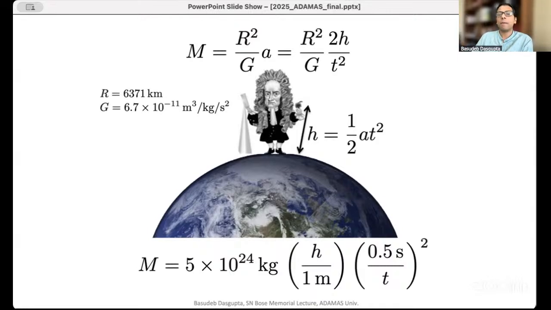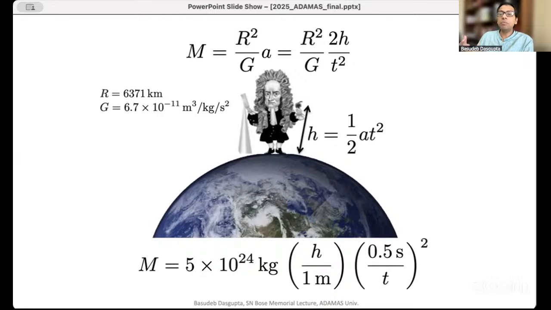Now you can measure this acceleration quite easily by just dropping this apple from a height h and measuring the time it takes to fall this distance h. And if you just put in the numbers, it becomes quite easy to see that you will find that the mass of Earth is about 10 to the 24 kilograms with, let's say, a height of 1 meter, and the time that it takes to fall is about half a second, and so on.